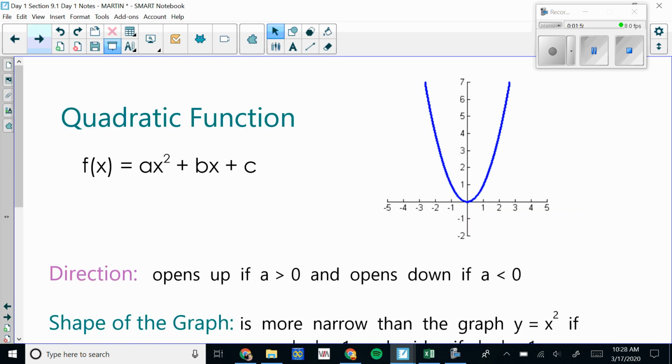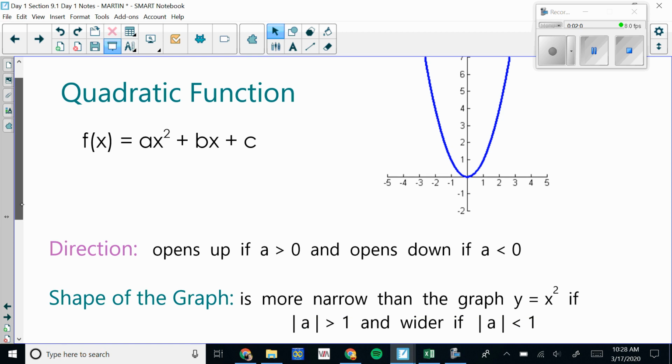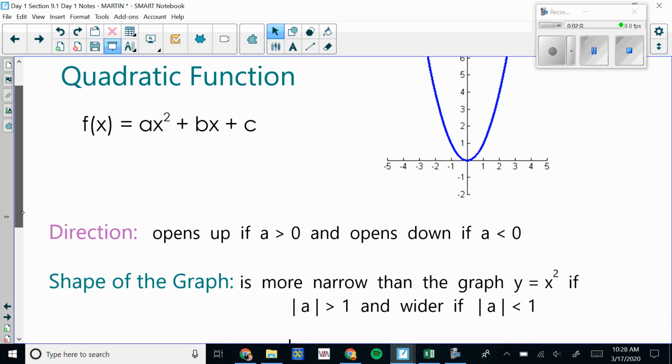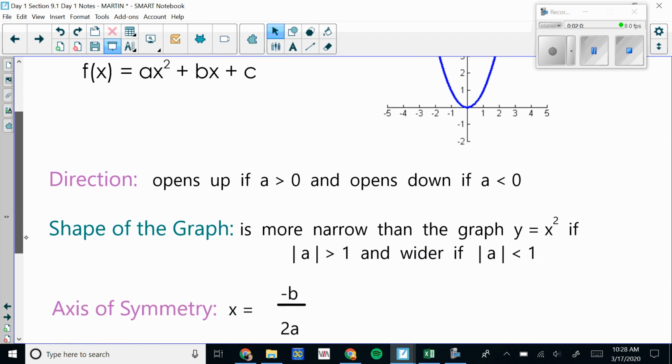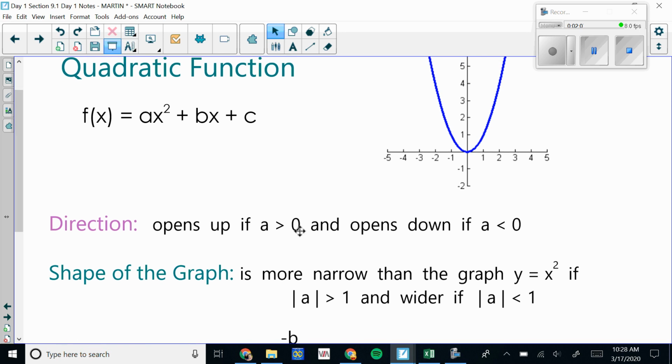Here's a quadratic function, ax squared plus bx plus c. It opens up if a is greater than 0, or if a is positive. It opens down if a is negative. In our original parent function, y equals x squared, a is positive, so it opens up.